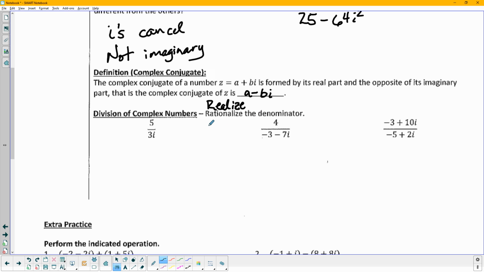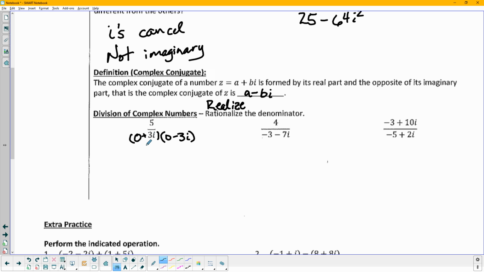Instead of making it an imaginary number, we're making it a real number. Now this one is a little bit weird. The actual imaginary number down here is 0 plus 3i. So its conjugate, if I'm going to multiply by the conjugate, is going to be 0 minus 3i.